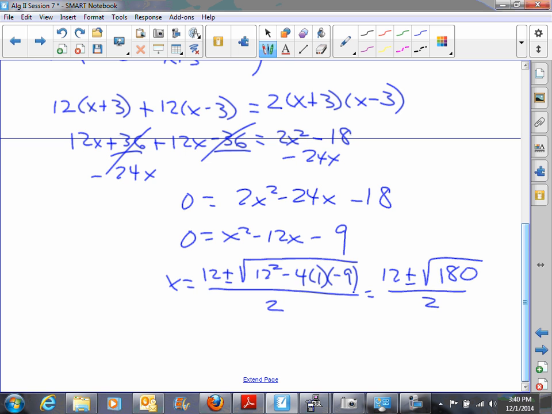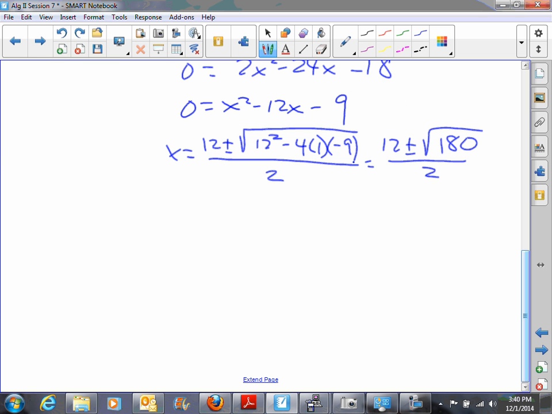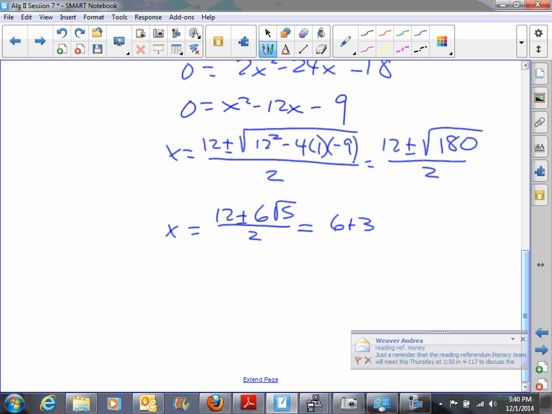Now, if you didn't know, you could figure this out, but the largest factor of 180 that's a perfect square is 36. So this becomes 12 plus or minus 6 square root 5 over 2. And since there's a factor of 2 in the numerator and denominator, it becomes 6 plus or minus 3 square root 5.